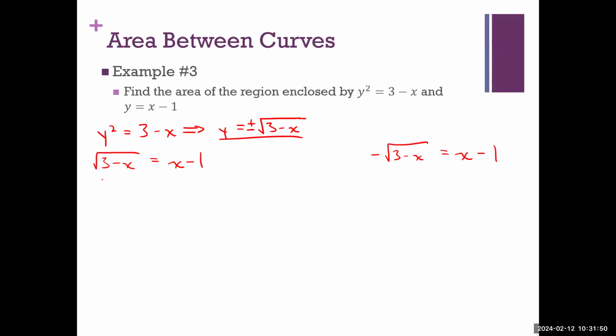If we square both sides, what do we get? 3 minus x equals, so this was going to be 3 minus x as well. What's the right-hand side look like? x squared minus 2x plus 1. I think from here, these are going to end up giving me the same solutions, so I'll drop one. All right, how do I solve this equation?